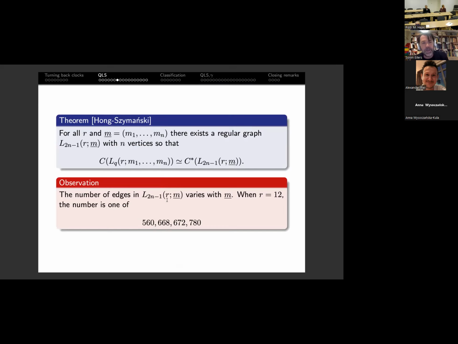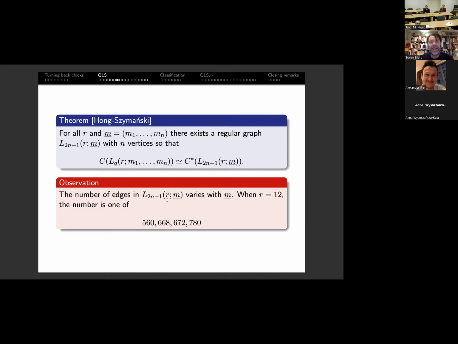And then actually Hong and Szymanski prove that whenever you have a quantum lens space, it is a graph C-star algebra. So what they say is that for fixed R and n, there is a graph which is regular, so no infinite emitters, no sinks.